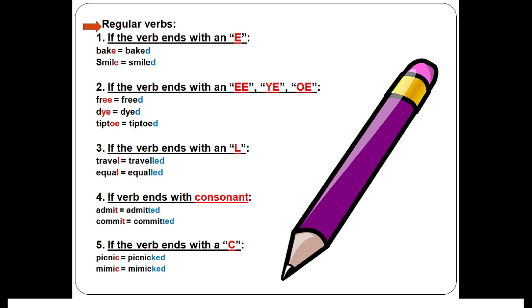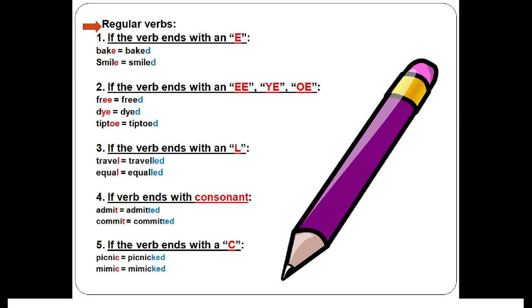In some cases, if the verb ends with l, you need to double the l before adding ed. Examples: travel, becomes traveled; equal, becomes equaled. Some verbs that end with a consonant need to double the final consonant before adding ed.